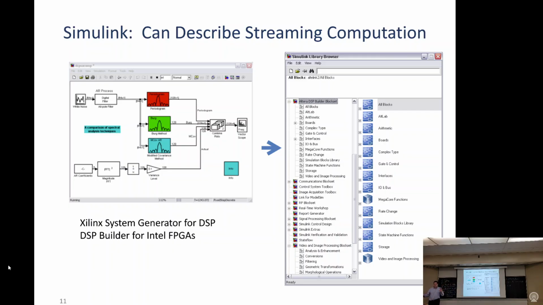At a high level, they are very similar products. What they have is IP cores that are parameterized for the key signal processing blocks. If you build your system just out of these blocks, when you're happy with your signal processing metrics, you can push a button and generate all the HDL. You didn't have to write any HDL, you just got a system that matches what you put in Simulink.